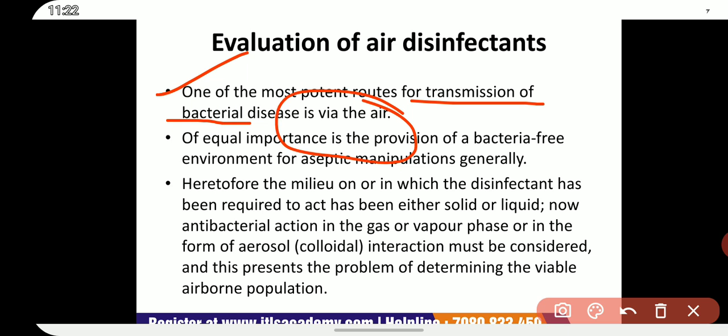As we know, in our environment a lot of microorganisms are present, and mostly we can say that bacteria are the most abundant infectious particles in the air. So, this is the most potent route for transmission of bacterial disease.